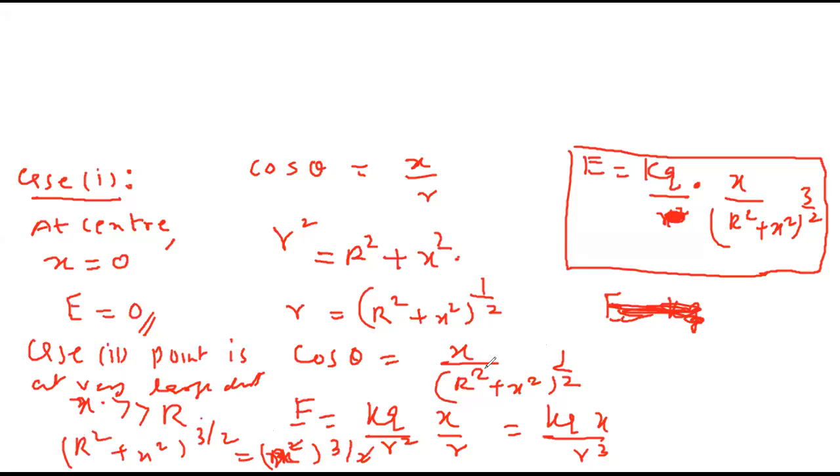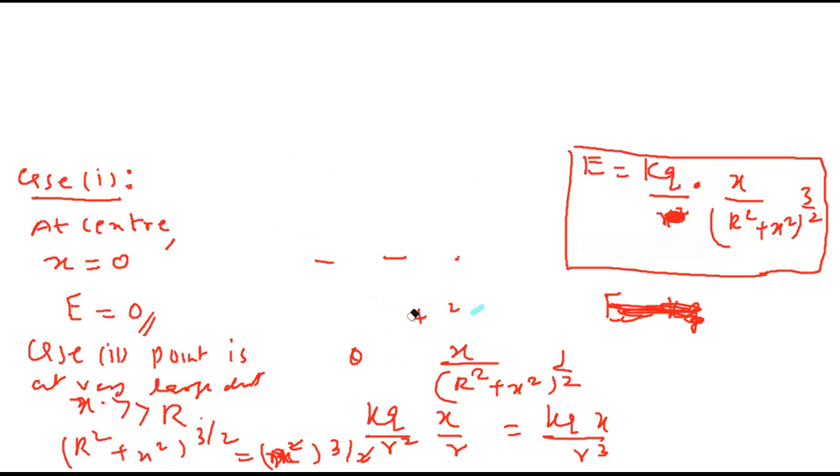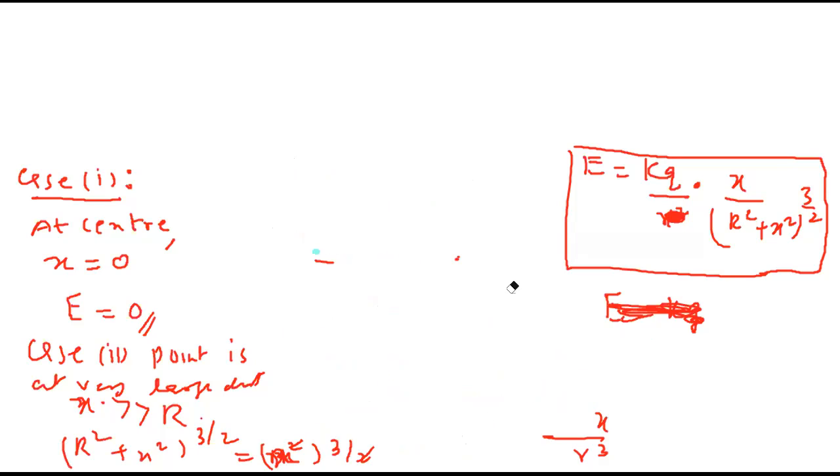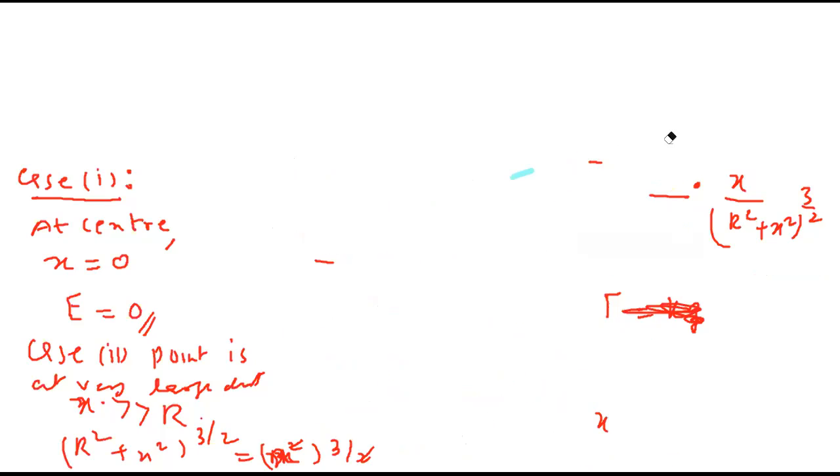So I can say intensity at any point on the axis of a charged ring, if the distance is very large, will be equal to kq x upon x cube.